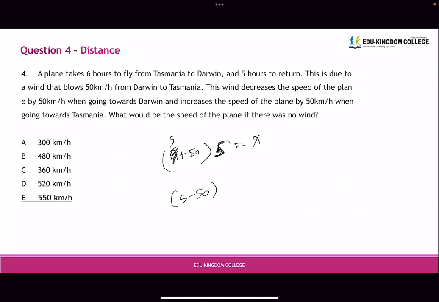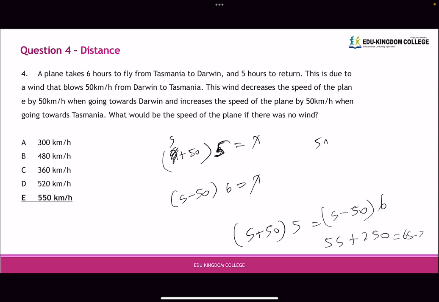So it's the same distance, just a different speed. Now, so s plus 50 times 5 equals s minus 50 times 6. So let's expand that. So 5s plus 250 equals 6s minus 300. So let's move the 300 over and the 5s over. So that's just going to be s equals 550.